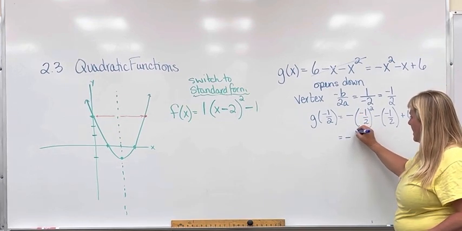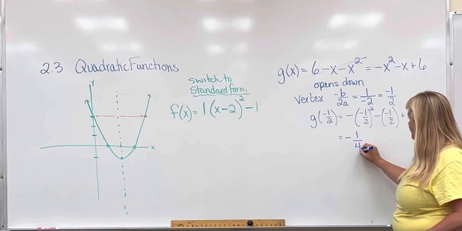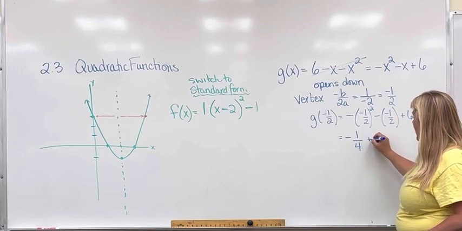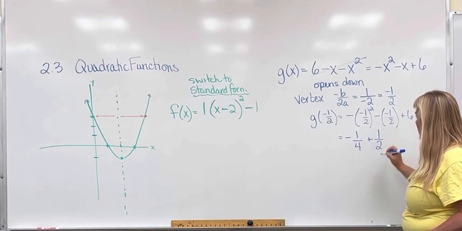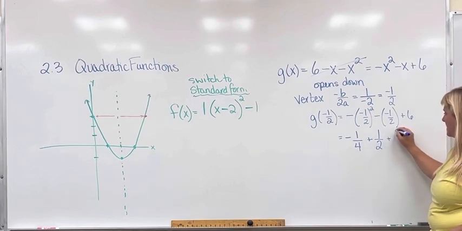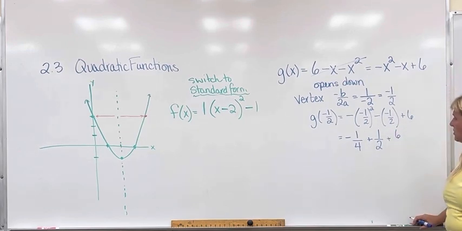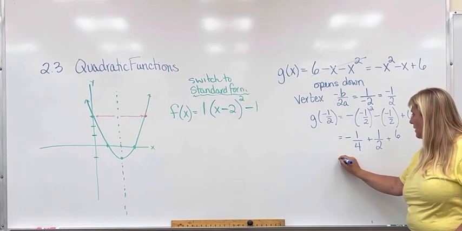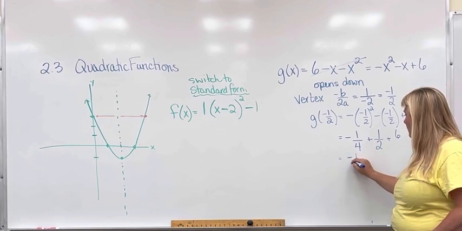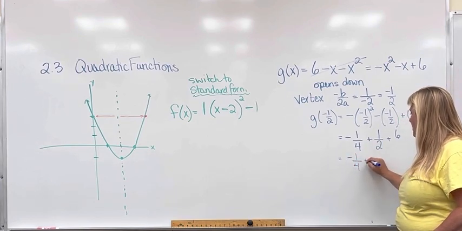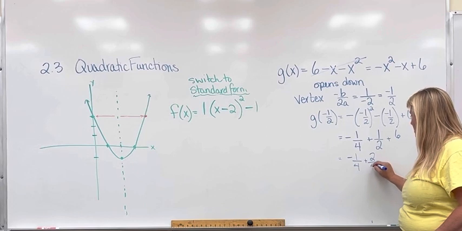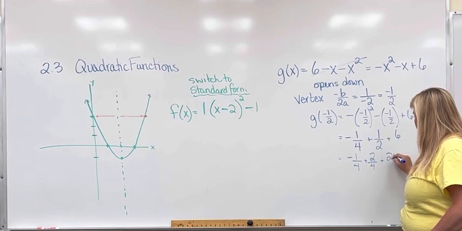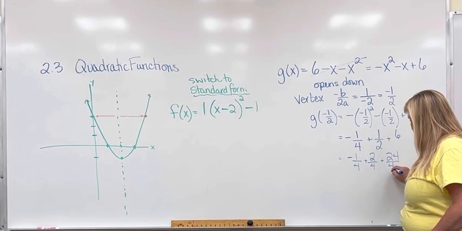So this is going to be negative 1/4, plus 1/2, and then plus 6. I think the easiest way to do this would be to switch everybody into fourths. So we'll go negative 1/4 plus 2/4 plus 24 fourths.